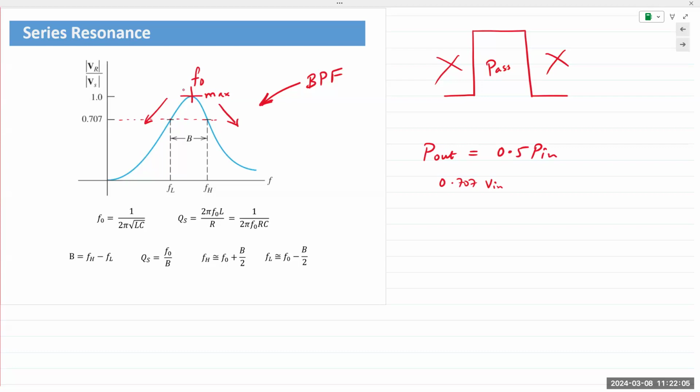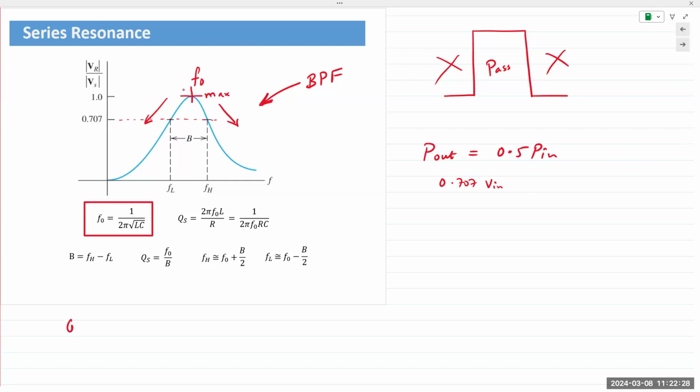You set the frequencies for both together, and you obtain an expression in terms of the components. So the resonant frequency F0 is described by the value of the capacitor and the inductor as 1 over 2 pi root of LC.